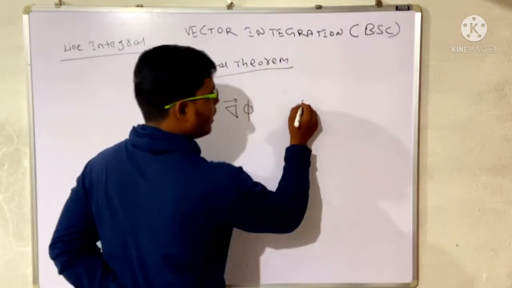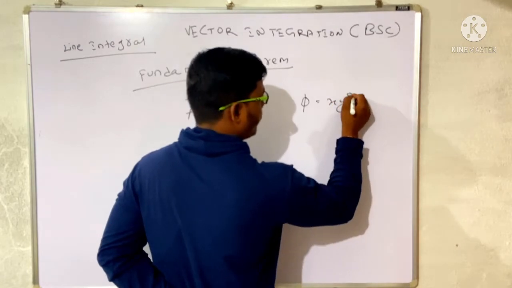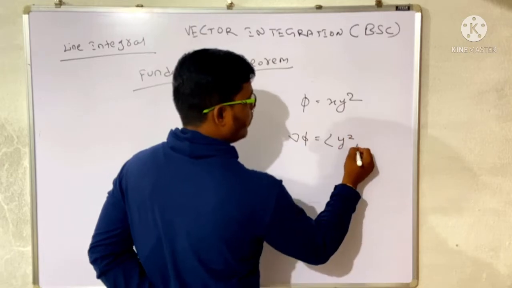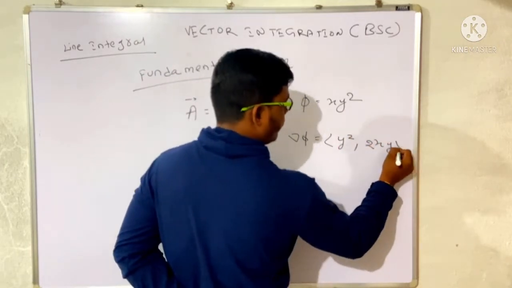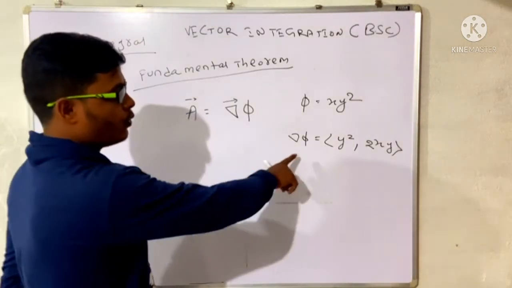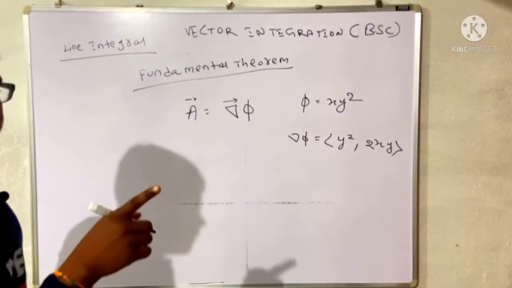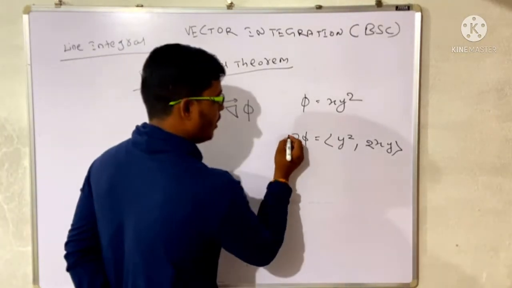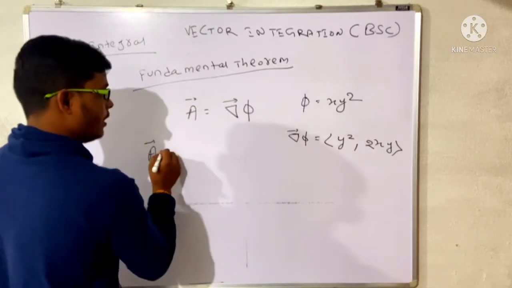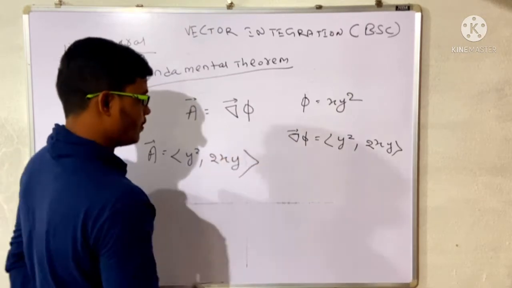Suppose the scalar field is phi equals x y square, then what will be del phi? Your del phi will be y square and 2xy. So this is the gradient of phi, and I also told you at the start of the class how to find the gradient in a faster way. So suppose A is given to you, that is y square, 2xy.